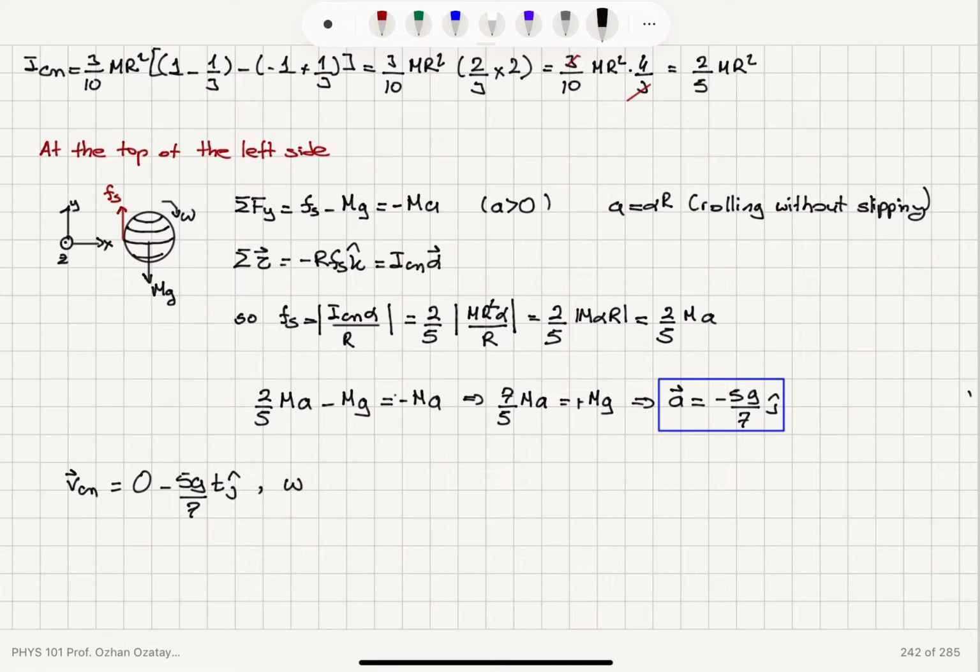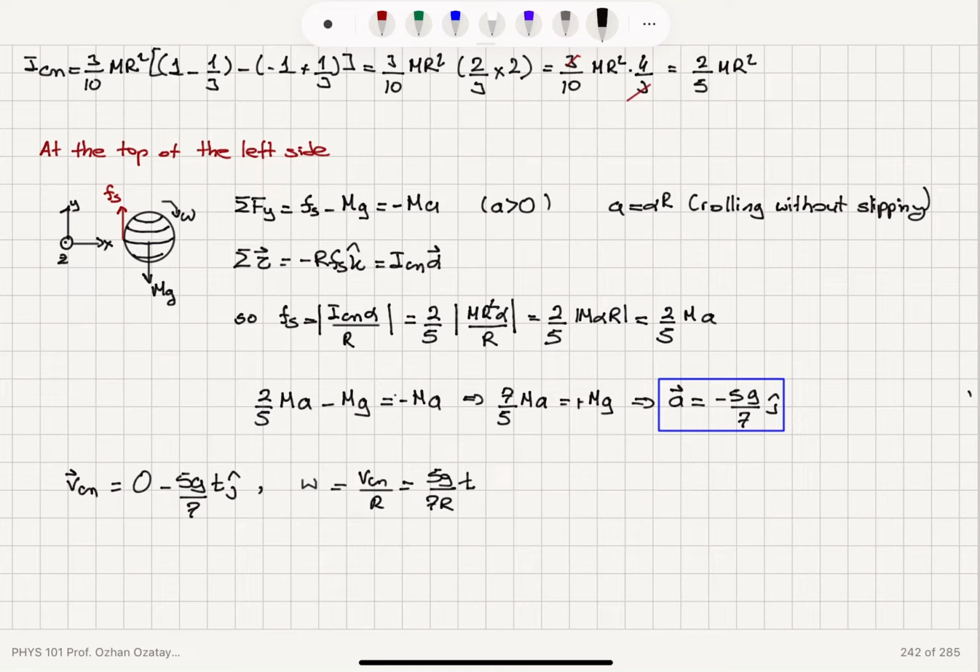And angular speed omega will be v center of mass divided by r, and that will be equal to 5g over 7r t.